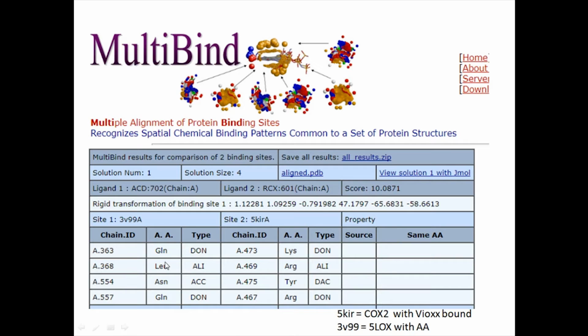Cyclooxygenase 2 is involved in prostaglandins, and 5-lipoxygenase is involved in leukotrienes.